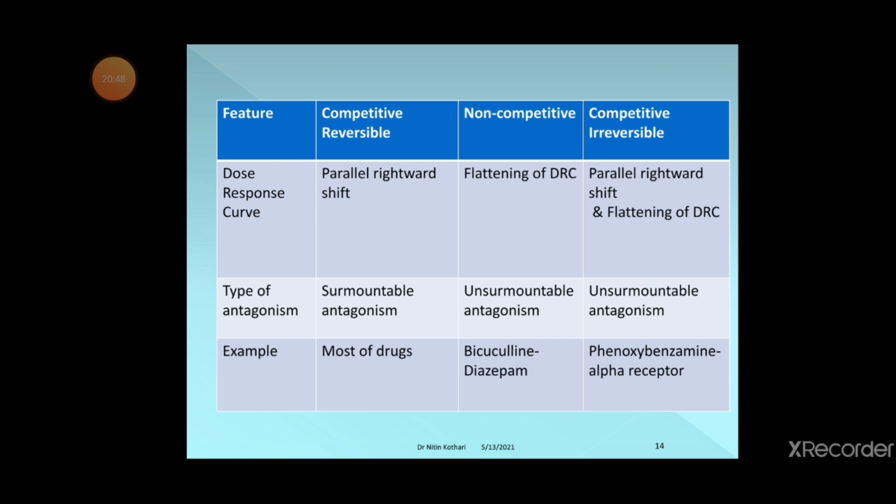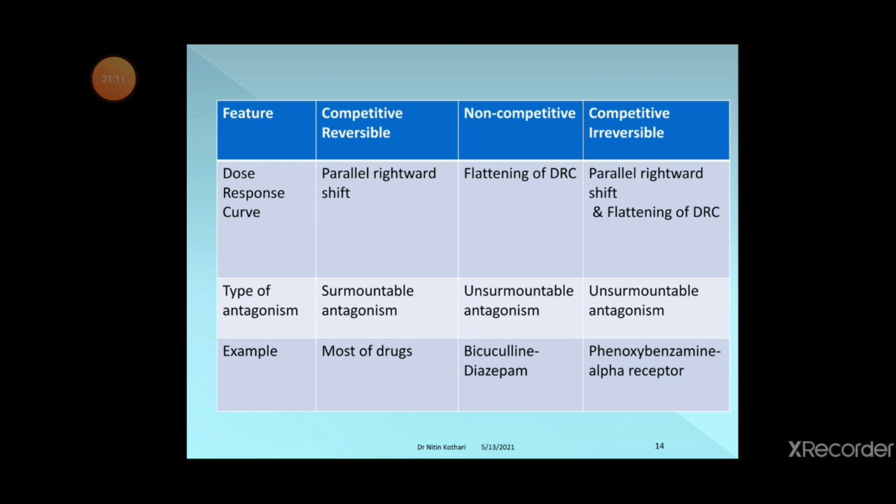And the effect is also unsurmountable in competitive irreversible type because the bond formed between receptor and antagonist is a covalent strong bond. So you cannot remove the antagonist from its binding site. So this antagonism is unsurmountable, that cannot be overcome.